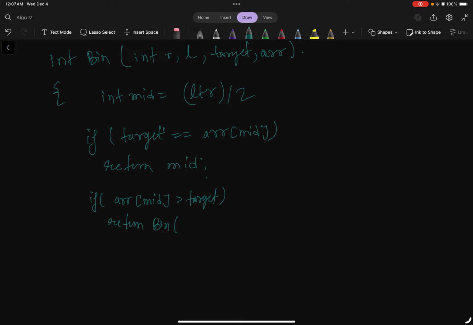The answer is in the left side, so right will be mid minus 1, target, ARR.